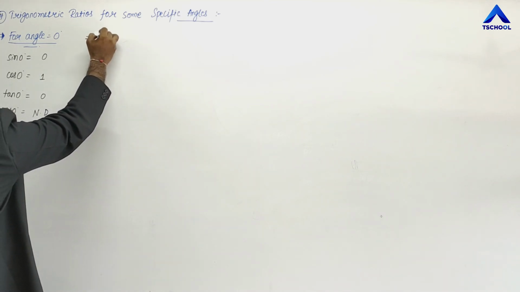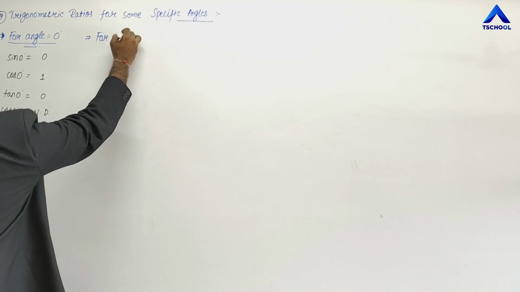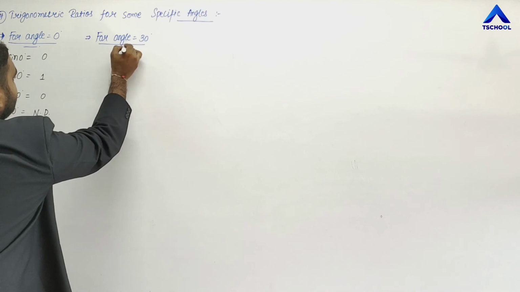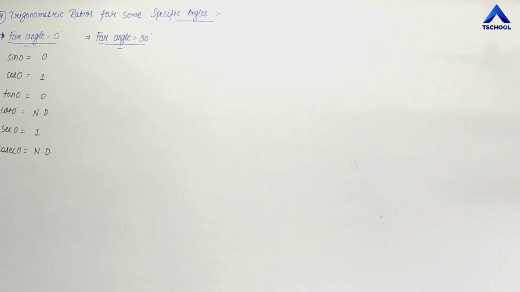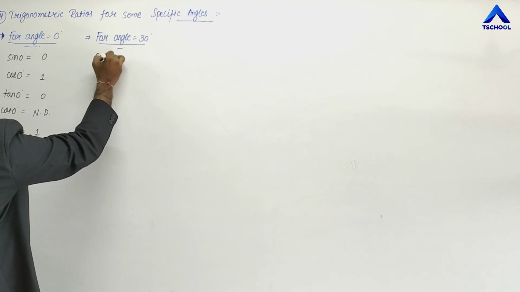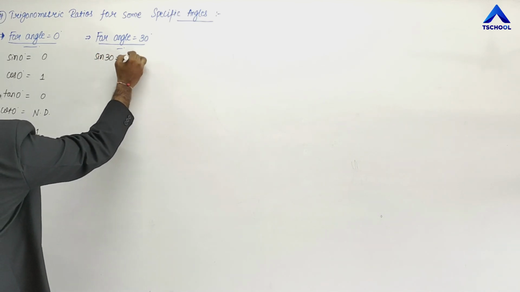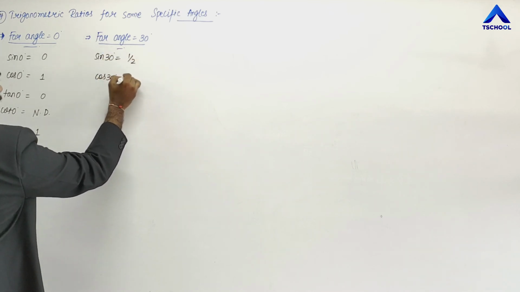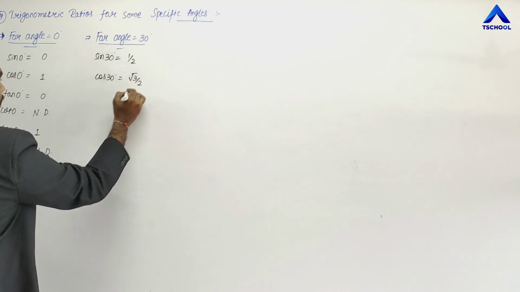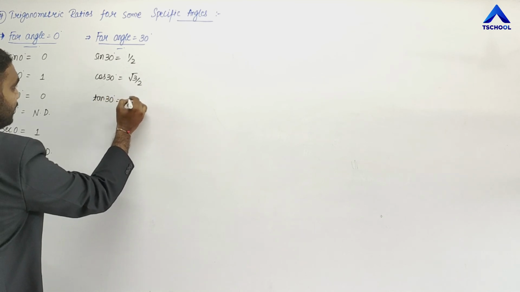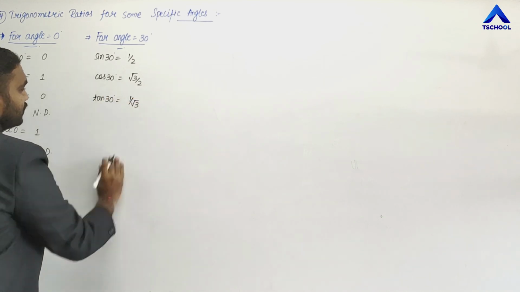Then for angle equal to 30 degree, we have sin 30 is equal to 1 by 2, cos 30 is equal to root 3 by 2, tan 30 is equal to 1 by root 3.